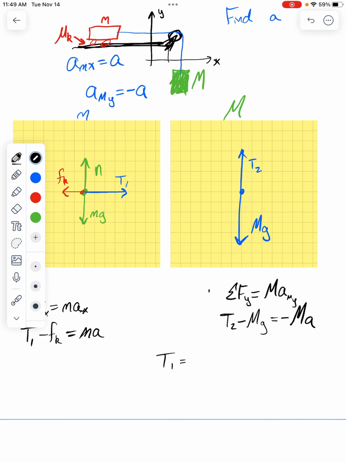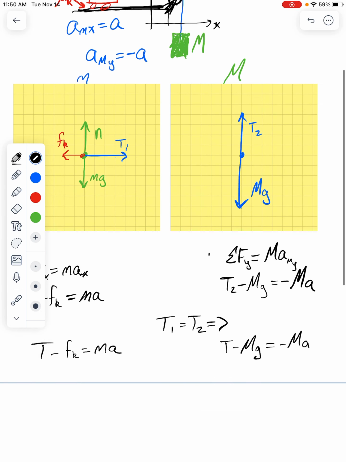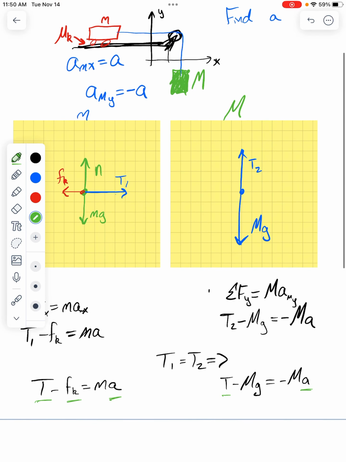So, just like before, we have the 2 tensions that are the same, and that slightly makes things a bit better. But if we look at our knowns and unknowns, well, we don't know tension, we don't know acceleration, but we don't immediately know the friction either.